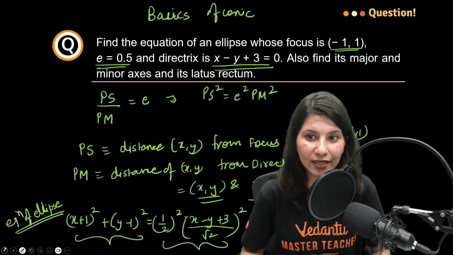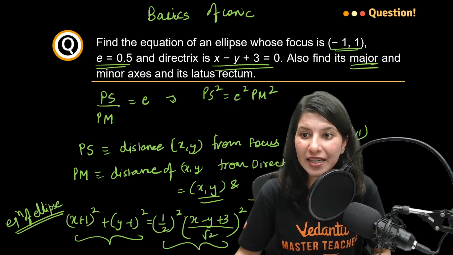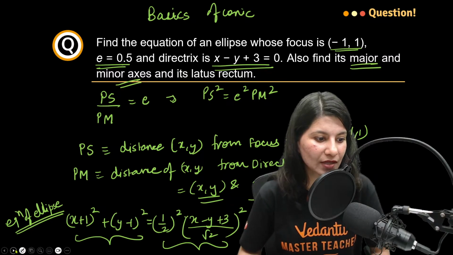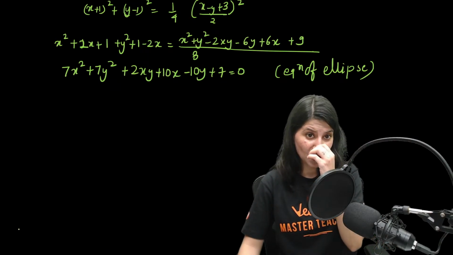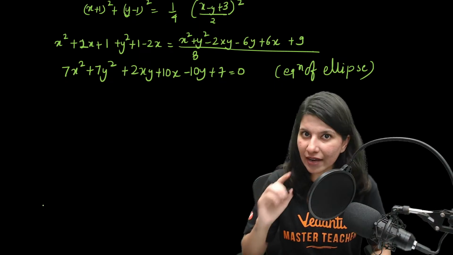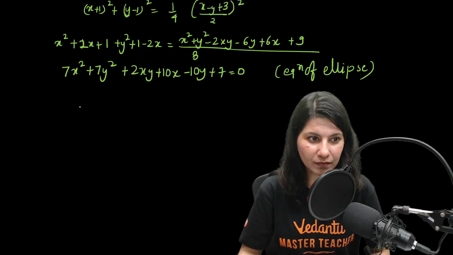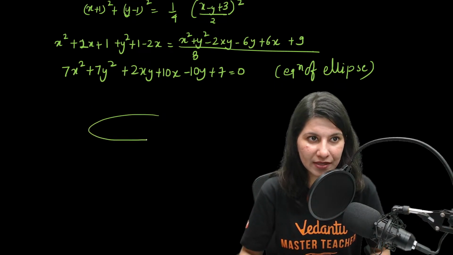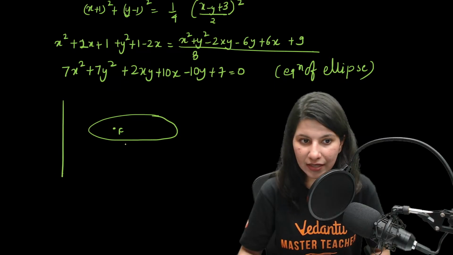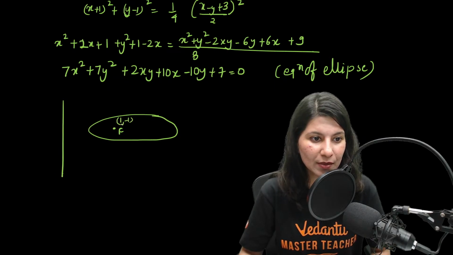Now what are they trying to make us calculate? Major and minor axis is something which they want. So understand, for an ellipse, what do we have? We have focus and we have directrix. Focus is minus 1 comma 1.